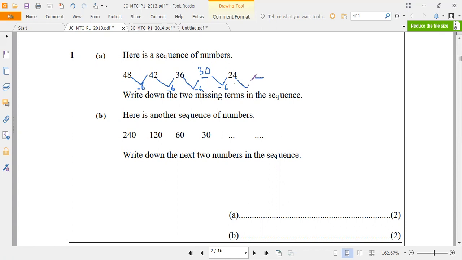If you get 24 and subtract 6, 24 minus 6, I think it is 18. 18 is the answer.